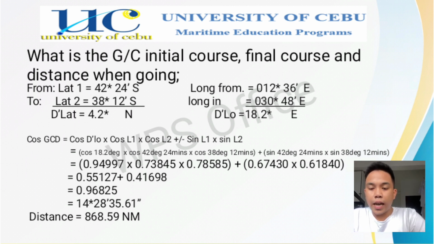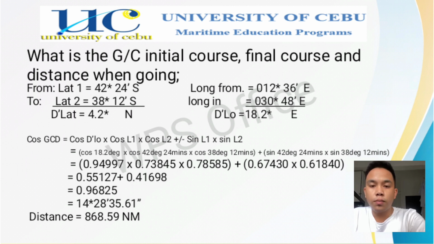So the answer is 18.12. The destination will stay in the east, so we will put the label east. Our final outcome is the D-long is 18.12 east.